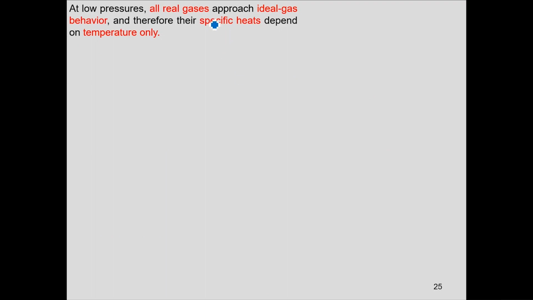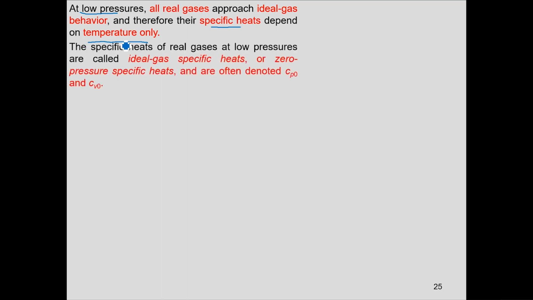For real gases, they behave as ideal gases at low pressures, and therefore the specific heats of real gases depend on temperature only at low pressures. And for real gases, the specific heats are defined as ideal gas specific heats or zero pressure specific heats, denoted simply Cp naught and Cv naught.